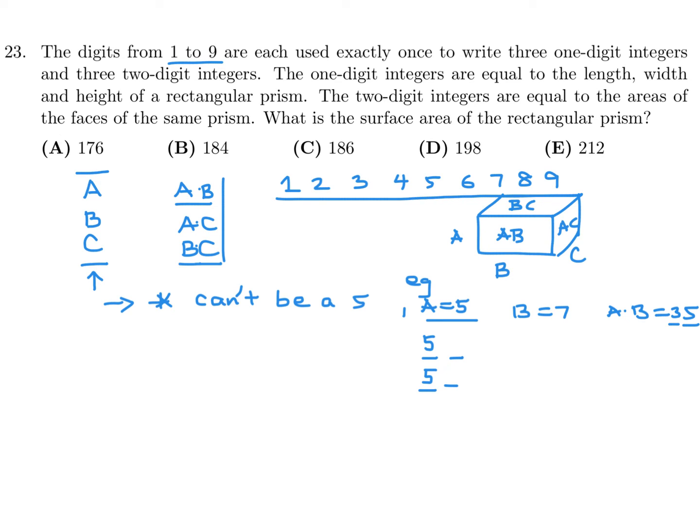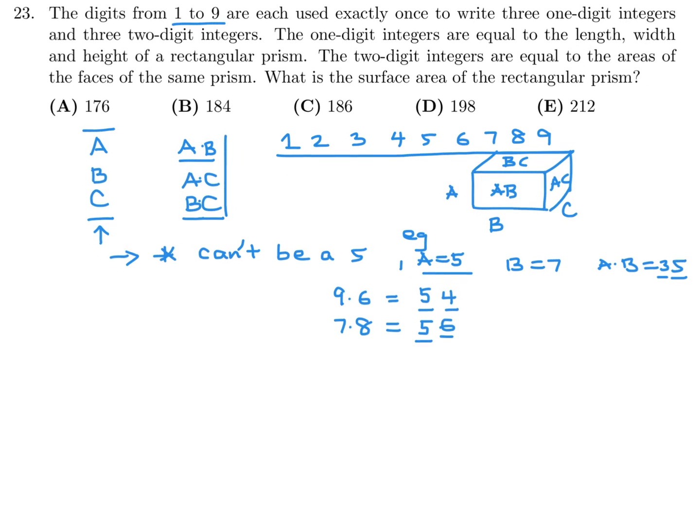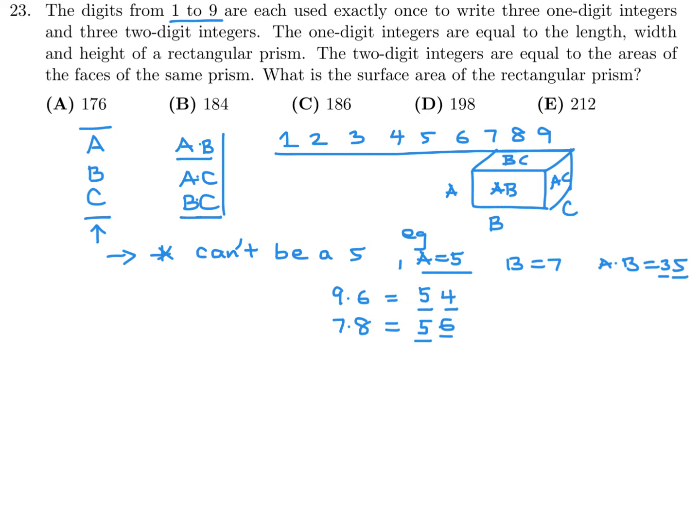How do we get a 5? I think the only way is either a 9 times 6, which would be a 54, or a 7 times 8, because we're very limited with regard to what we can use, and that would be 56. Okay, so we've got a couple of choices. We're not sure which one is right, but we have at least 2 choices that we can go with. So let's just work with this guy first, and let's see if that's the correct one.